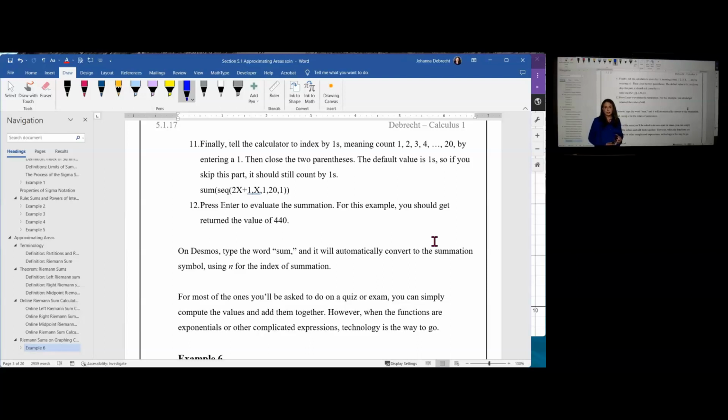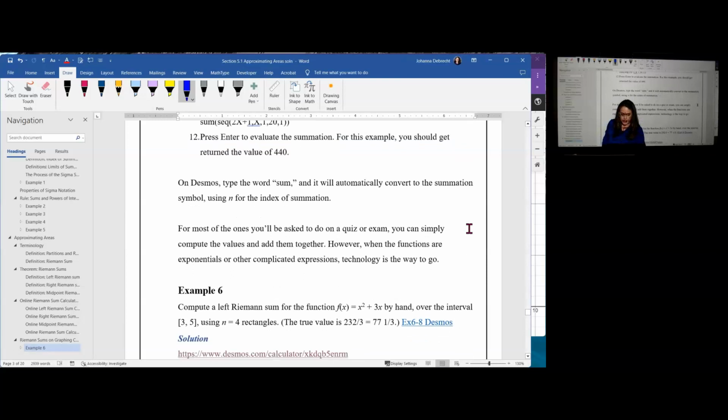And then you'll hit enter. Most of the time, you can use something like Desmos, where it's much simpler. You simply type into the slot the word sum, and it will automatically change to the summation symbol. It will always use n for the index of summation, and you can represent it by moving or clicking around.